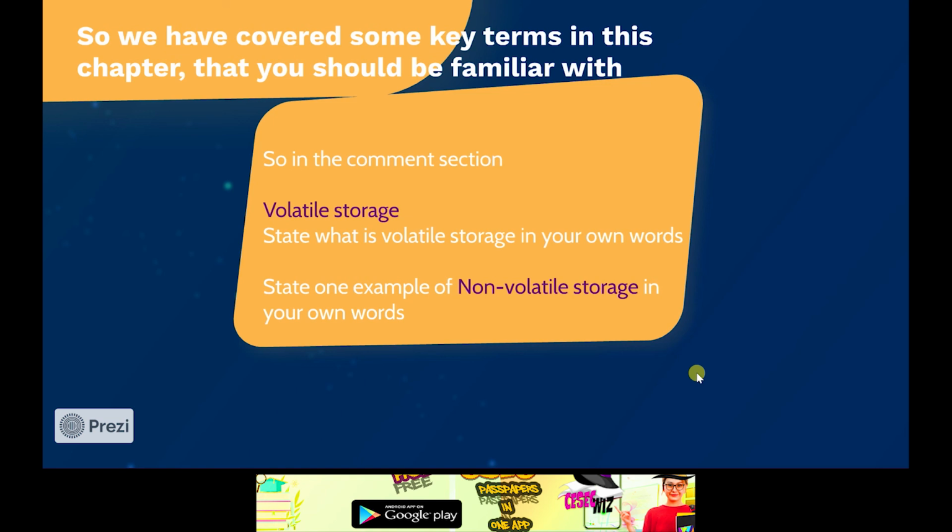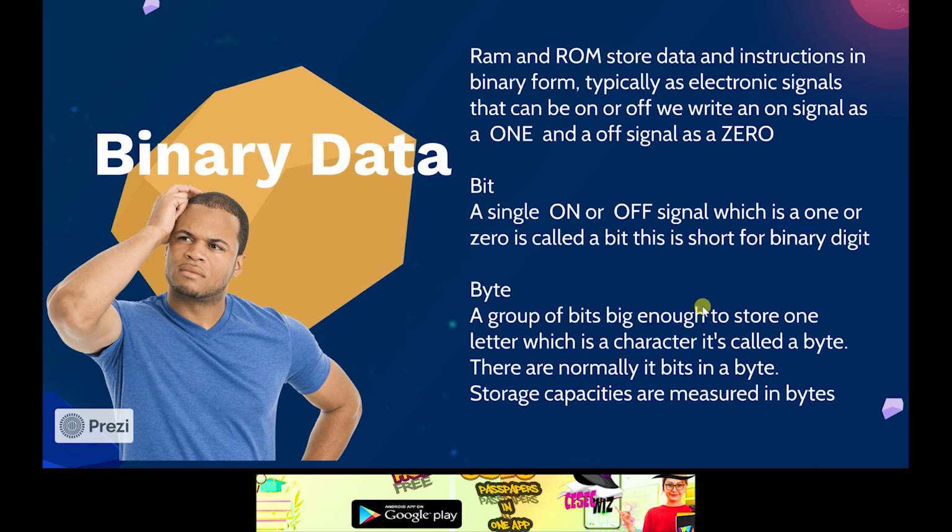Number two, in your own words, state one example that you know of non-volatile storage. Try to make your answers as unique as possible. Look at what someone else has written in the comment section and write your own. And let's see who comes up with the correct answer.